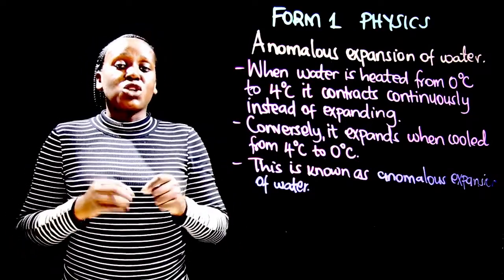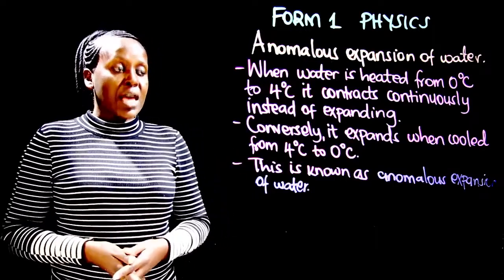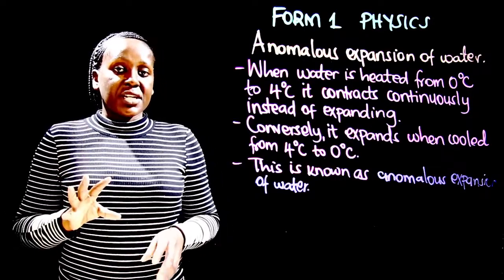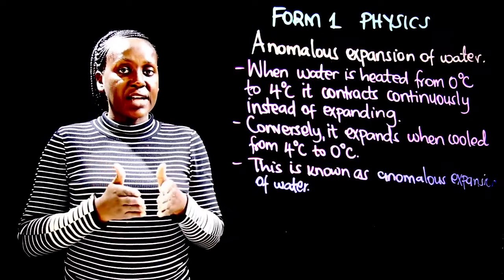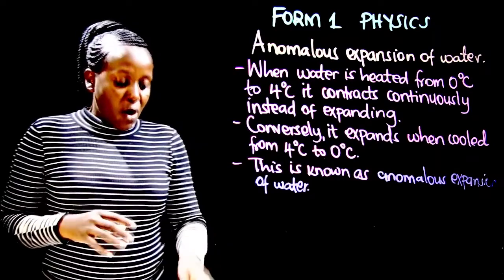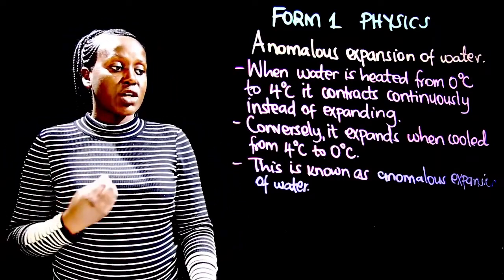So that is what we refer to as the anomalous expansion of water, because it behaves abnormally between 0 degrees Celsius and 4 degrees Celsius. When heated, it contracts. When cooled, it expands.